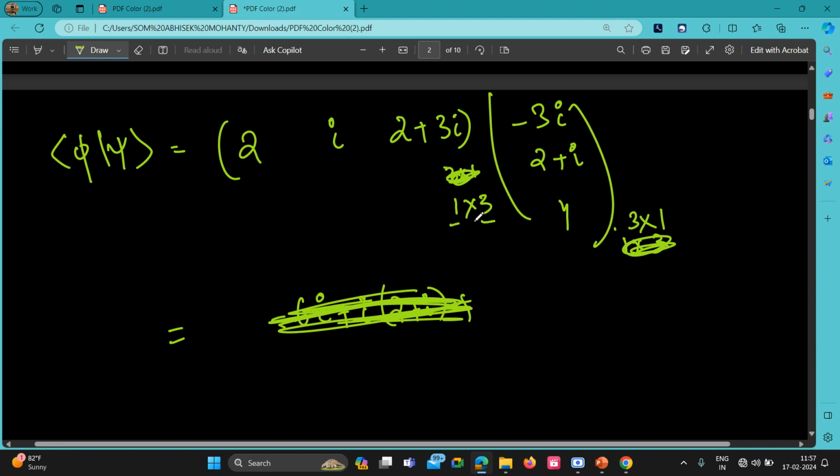My bad, sorry. Okay, so these inner dimensions should be equal. They are. So the resultant matrix will be a 1 by 1 matrix.